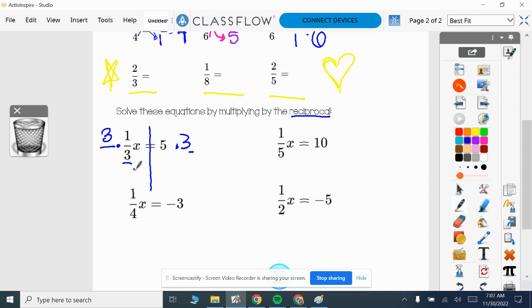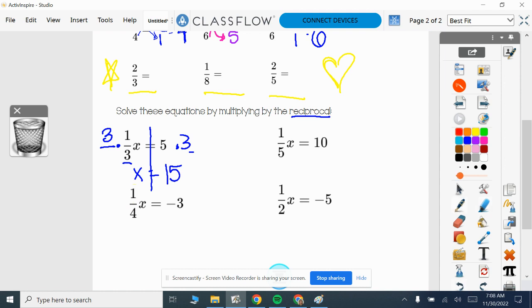Okay, so I'm left with x is equal to, what's 5 times 3? 15. And lucky for us, you are only ever going to see fractions when you do this with a 1 as the numerator, okay? And a 4 on the bottom. Well, not a 4 on the bottom always, but.